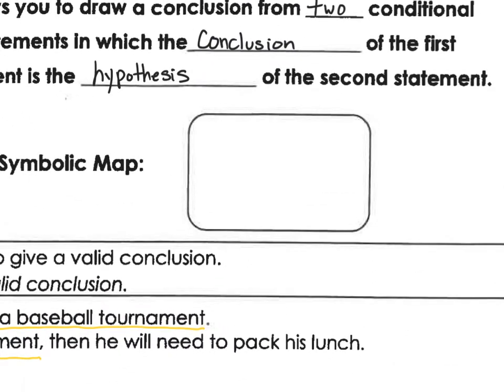So the way that you would write the map, and these maps might be confusing to you, which is okay. As long as you know the concept of detachment and syllogism, which we'll go over detachment again, you'll be okay. So this would be P to Q. Then Q, because Q would be the conclusion.